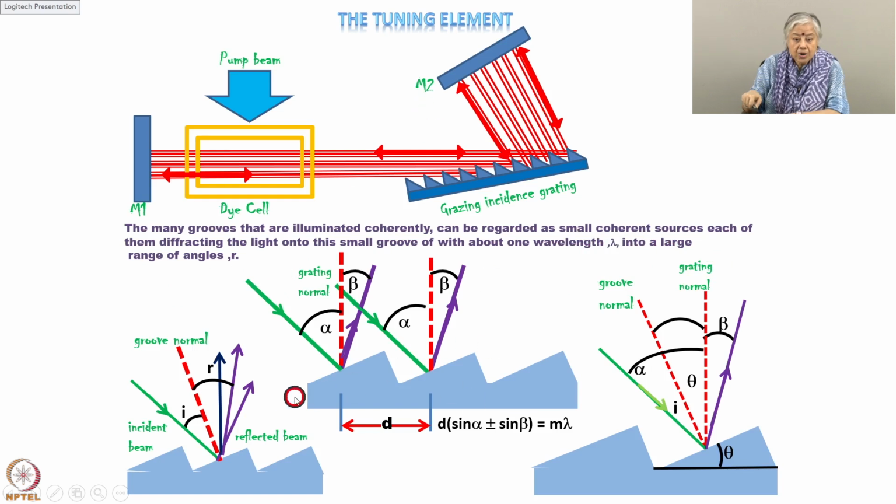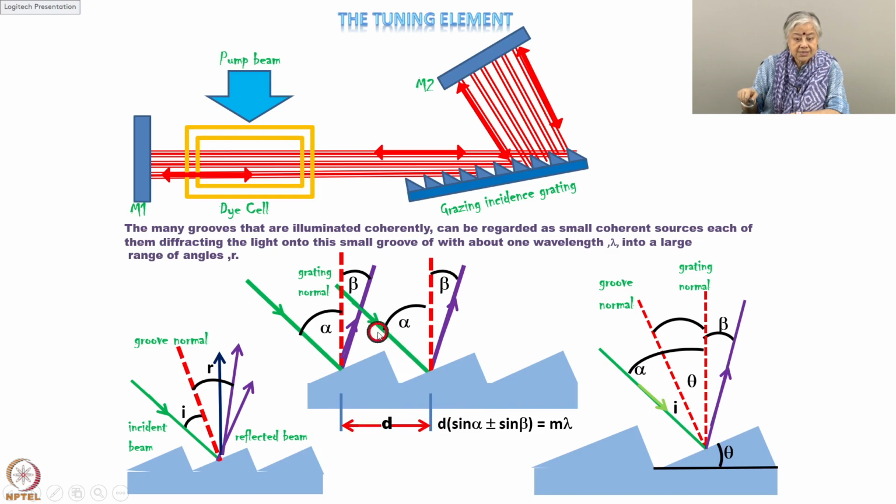I have just shown a blown up picture of that. So, these are the grooves, and this is your input light, and this is your diffracted light. I am talking about a reflection grating, but you do get transmission gratings too, and the treatment of the theory is just about the same for both. Okay. And this is the distance between the grooves.